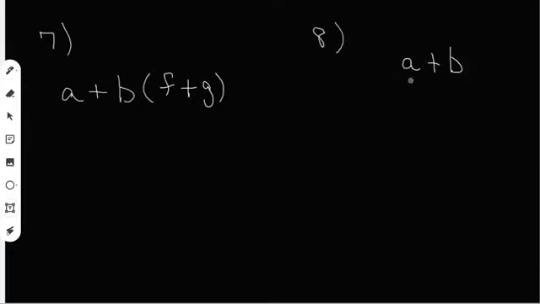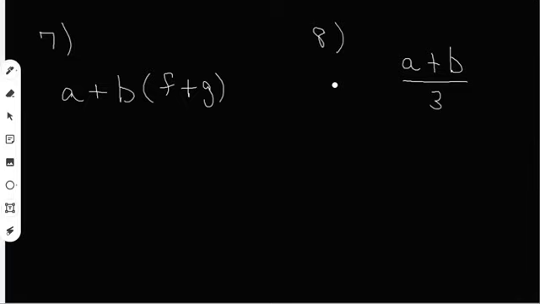All right, let's try 7 and 8. These will be the last two that we do together. Okay, 7 is going to be A plus B, in parentheses, by B, we have F plus G. And then 8 is going to be A plus B all over 3.